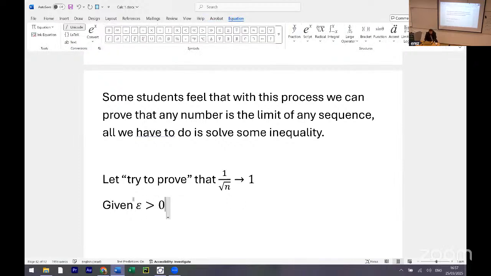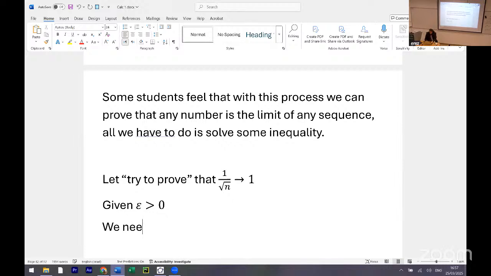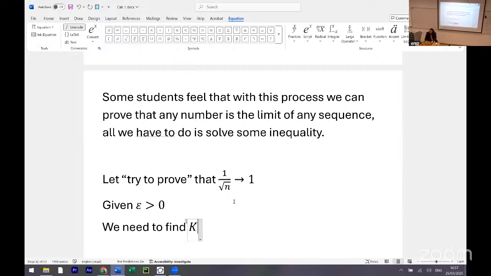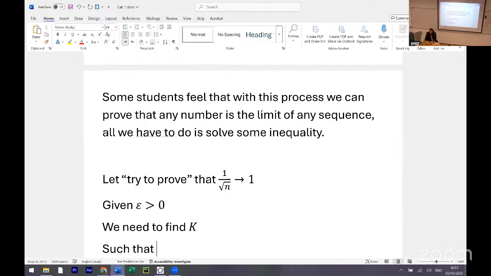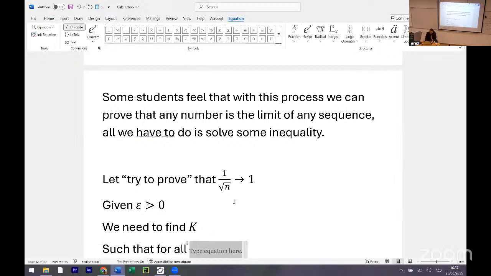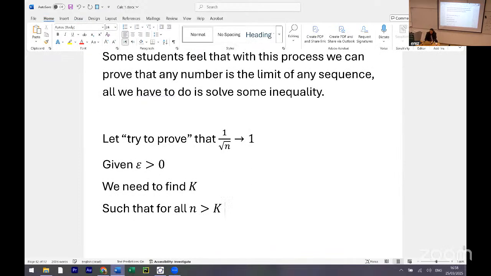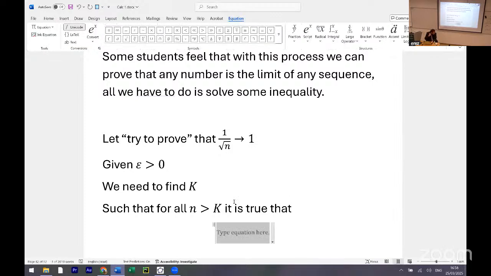Given epsilon larger than 0, we need to find k such that for all n larger than k, it is true that the distance between 1 over square root of n, the elements of the sequence, and 1 is smaller than epsilon.